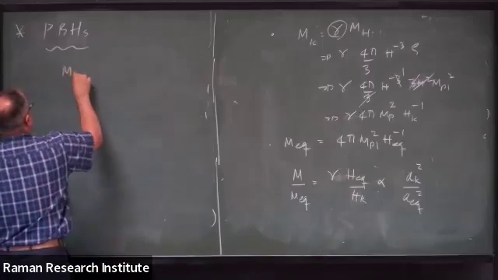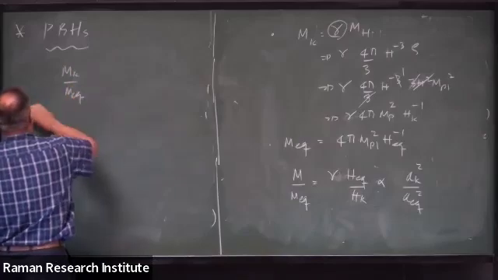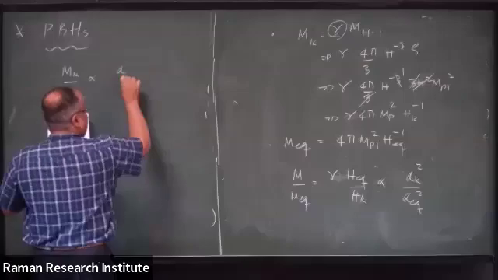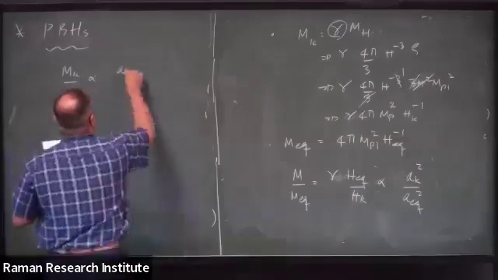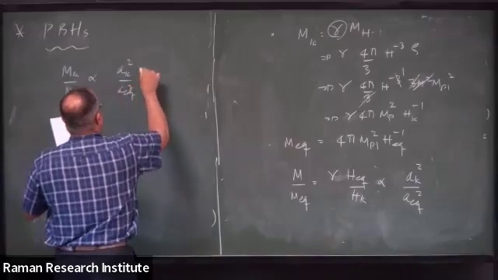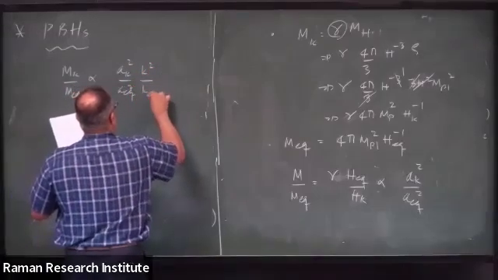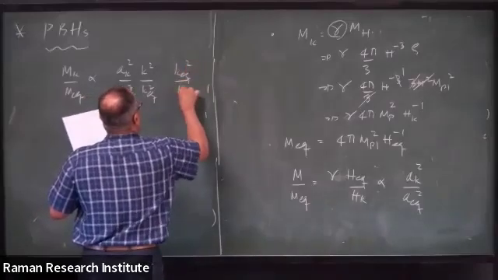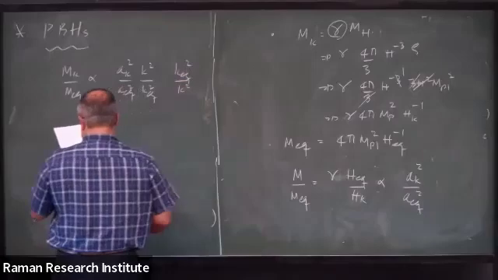All right. Now what do I have? So M_k by M_eq is proportional to a_k squared by a_eq squared. I'm going to multiply by k squared by k_eq squared, and I'm just multiplying and dividing by the same quantity.